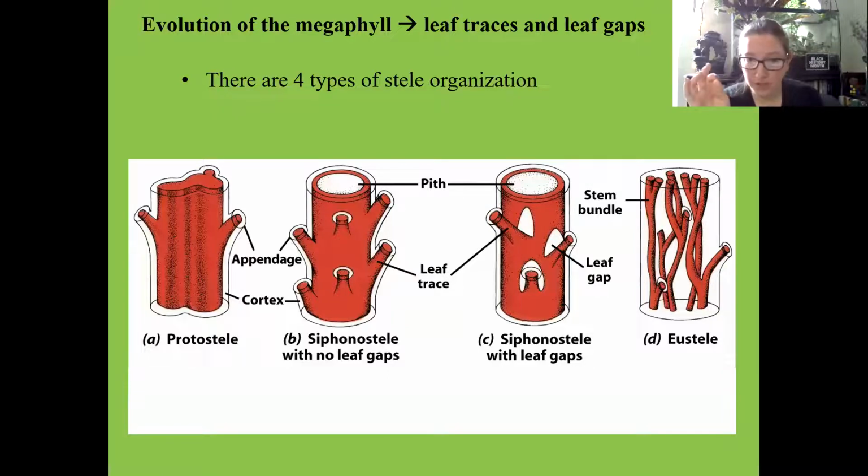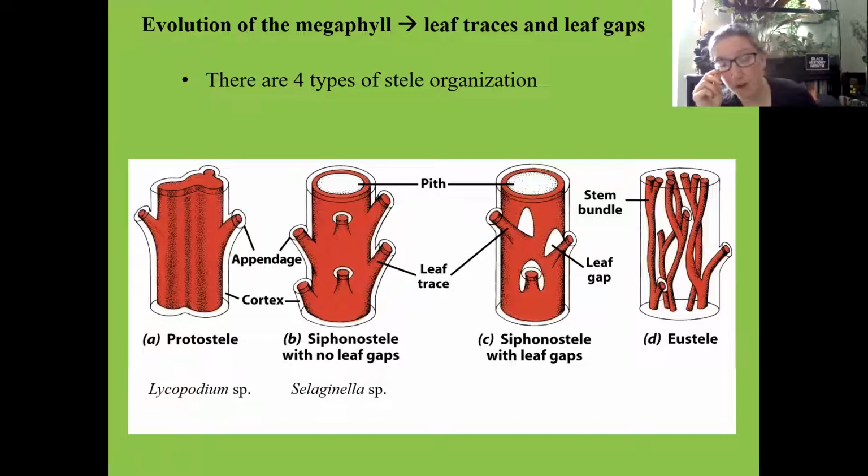We're not going to go crazy on the stele right now, but I just want to show you guys, because you'll see it eventually in lab, as a recall here. So we know the stele is how you describe the organization of the vascular tissues in the stem, right, in the shoot system. On the left, you have protostele. That's the most basic one, and that's what Lycopodium has.